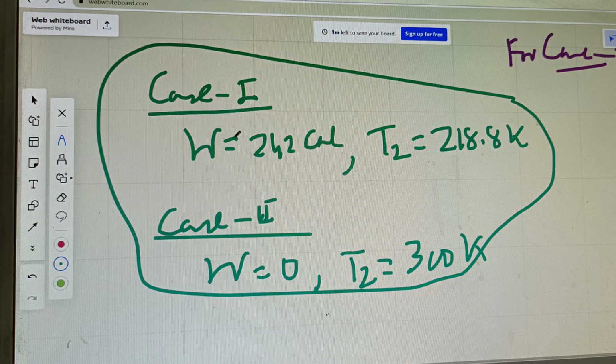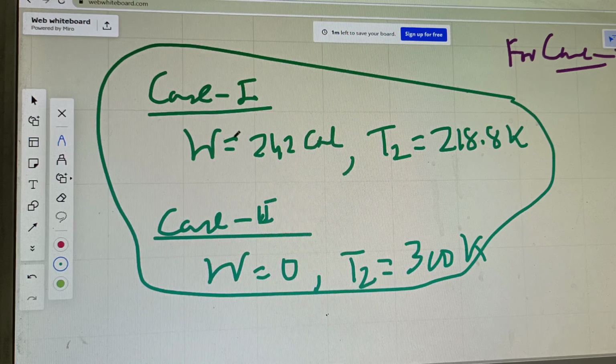This type of problem you have to solve by at first going through the problem very carefully, then writing down the data provided and the conditions provided, and then using the usual formula you can solve this type of problem.